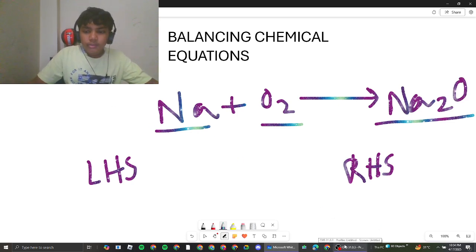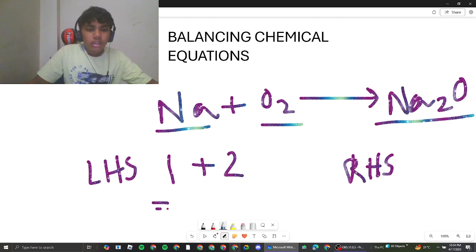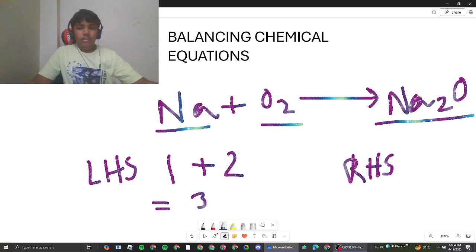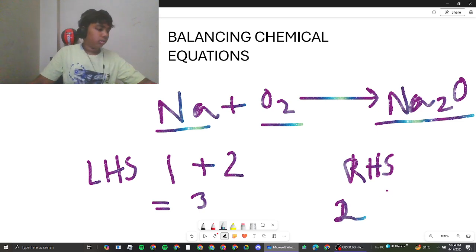How many atoms of sodium do we have? We have 1. We can write 1, because 1 is a coefficient. So 1 atom plus, how much is here? 2 atoms. So this is 3. Now check here: sodium 2, and oxygen 1. It's 3, right?